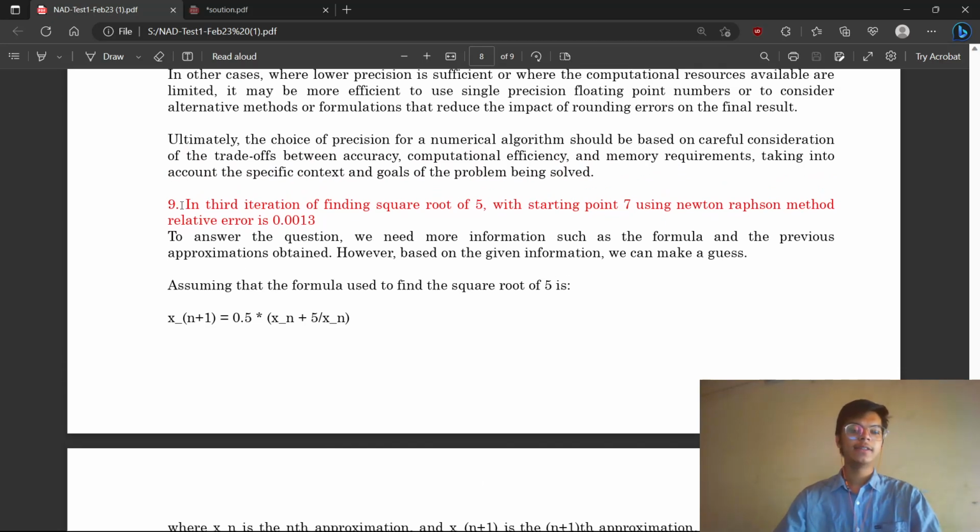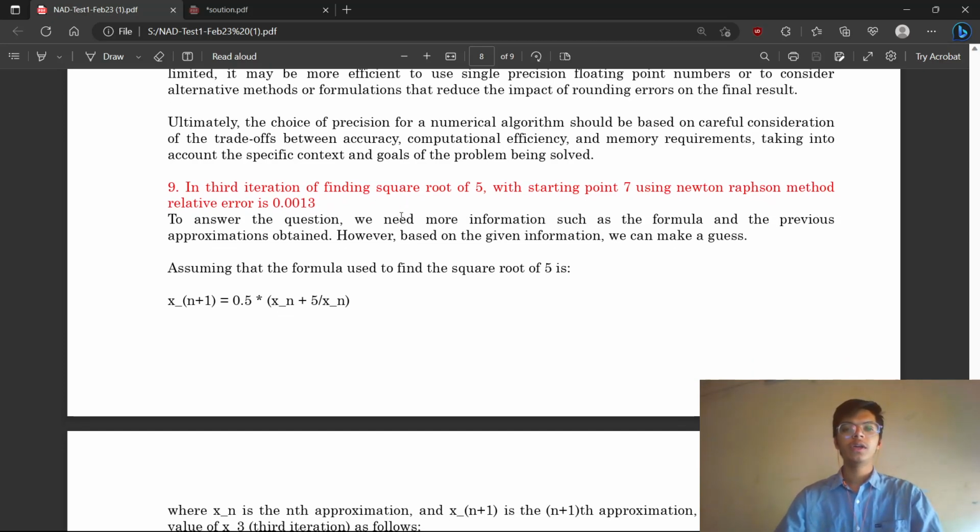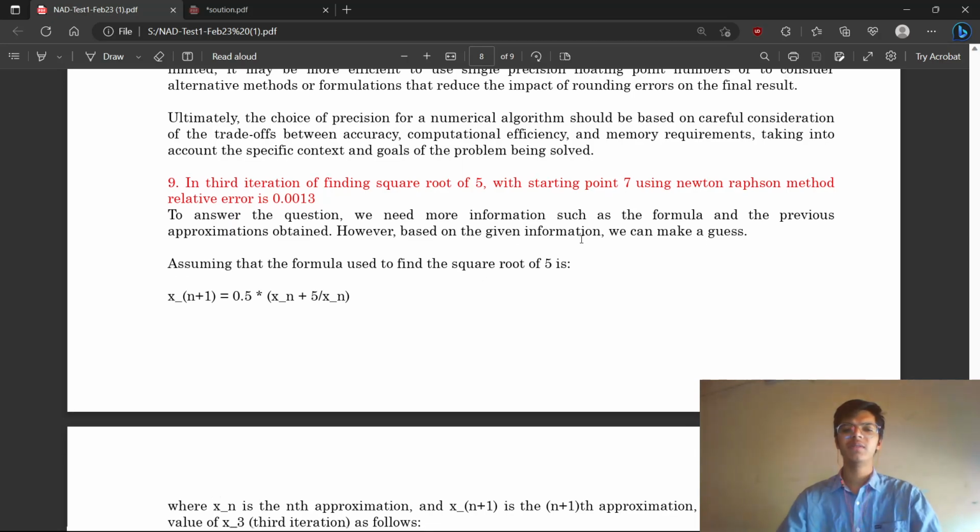And in the ninth statement, it is given that in the third iteration of finding the square root of 5 with starting point 7 using the Newton-Raphson method, the relative error is 0.0013. Here certain things are not given to answer this question, so based on the given information we can make a guess.